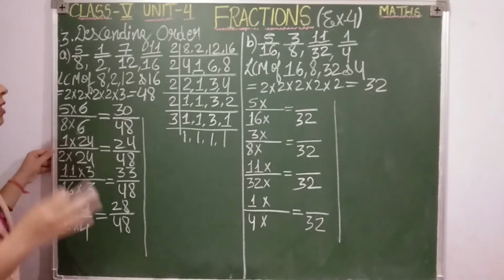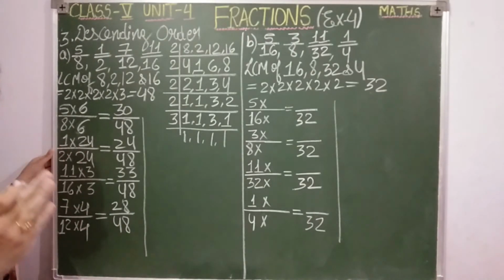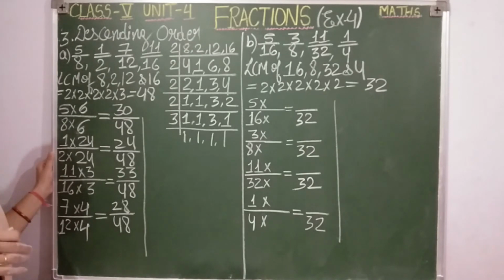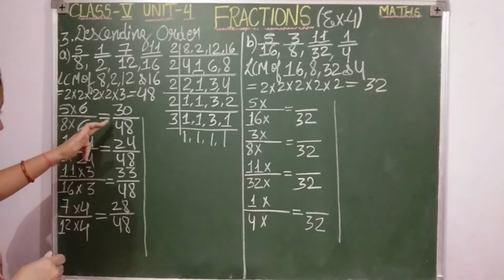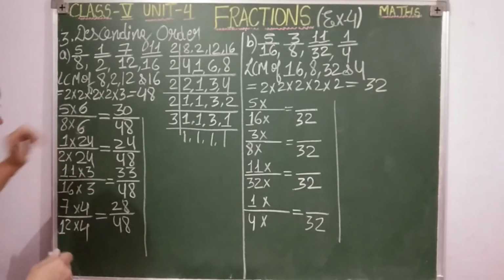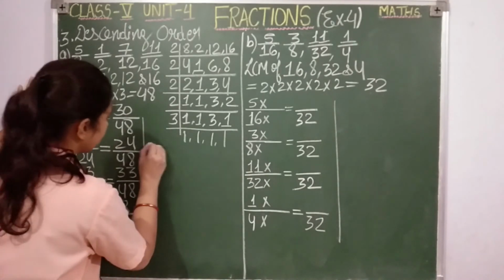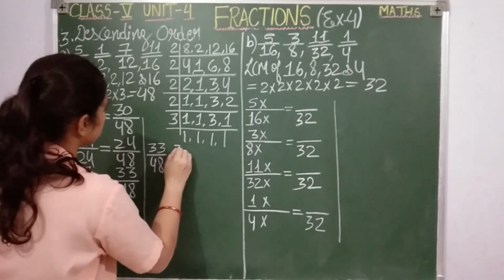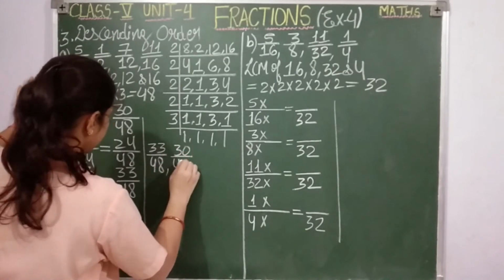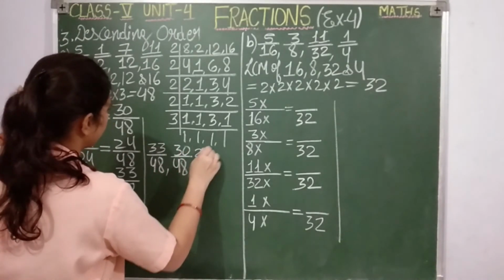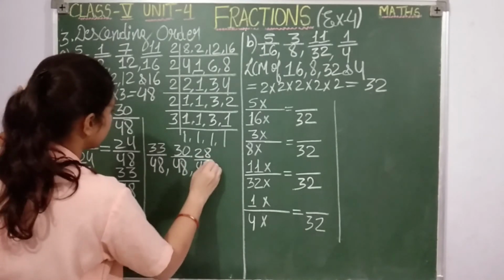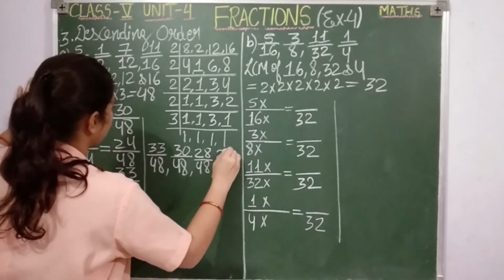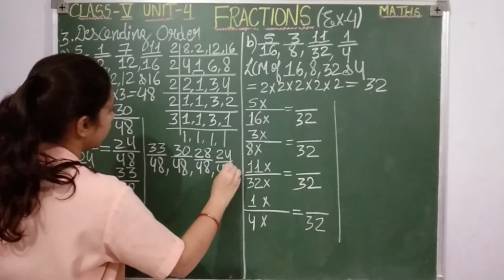Now arrange into descending order, which means write from the greatest to the smallest. So here the greatest fraction is 33 by 48. I'll write this first, 33 by 48, then 30 by 48, then 28 by 48, then 24 by 48.